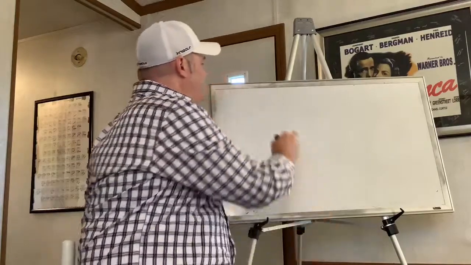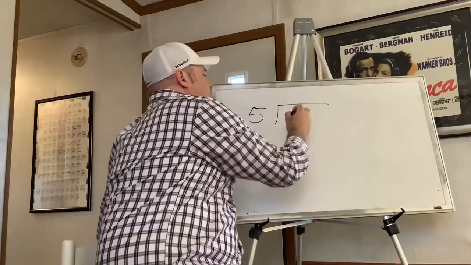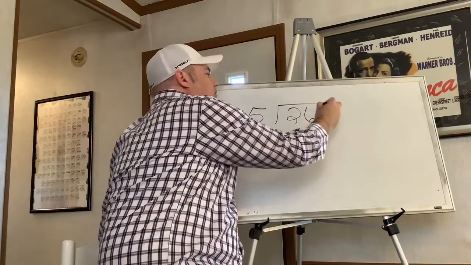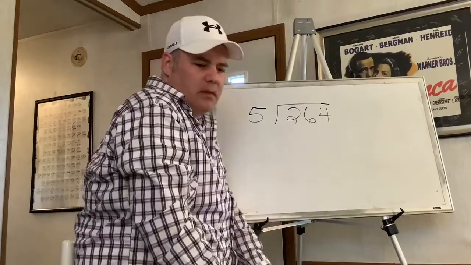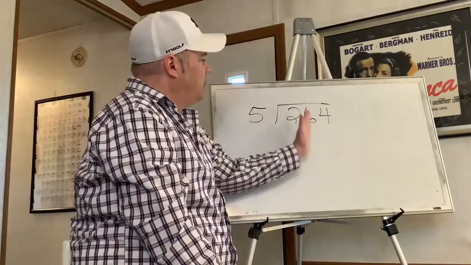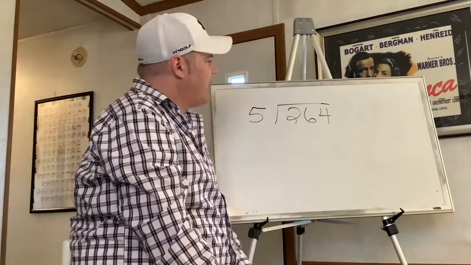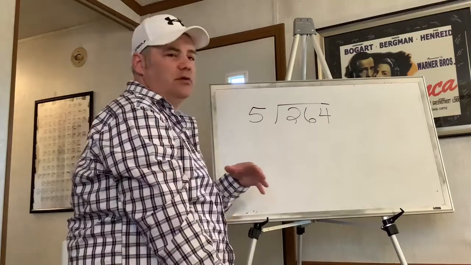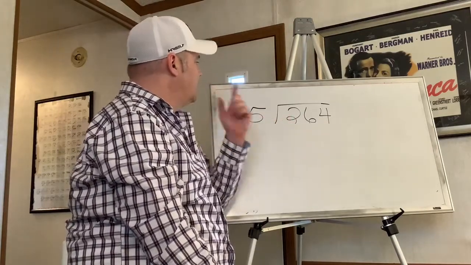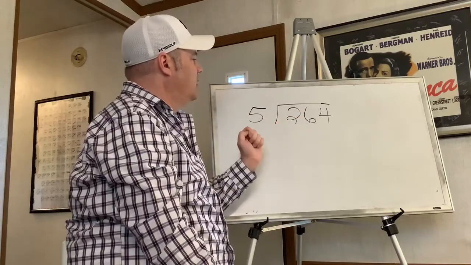But let's say we had 5 into 264 or something. Okay, so 5 into 264, they had you go number by number and start dividing. Now, one thing that I like to do, some were having you start here and then going into 26 and that kind of thing.